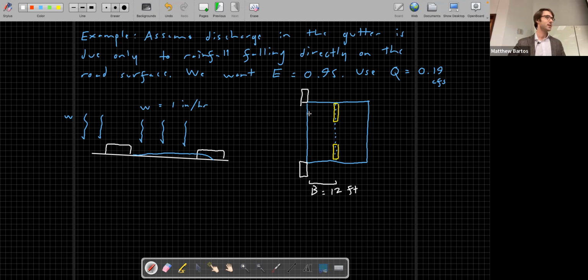Okay. So we have some inlets. We've designed them such that they have a discharge of 0.19 cubic feet per second. And what we're interested in is we want to find the distance D. We want to find the distance between the curb inlets that achieves the desired efficiency of 0.95.